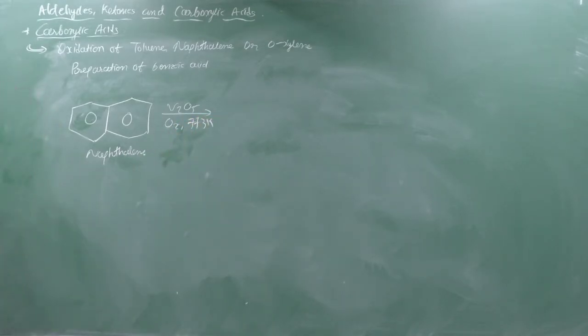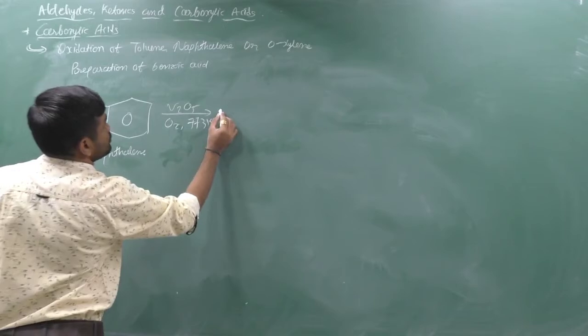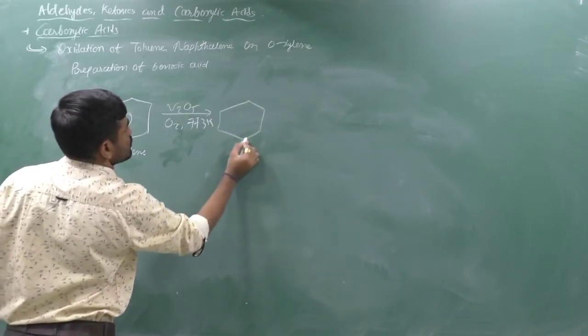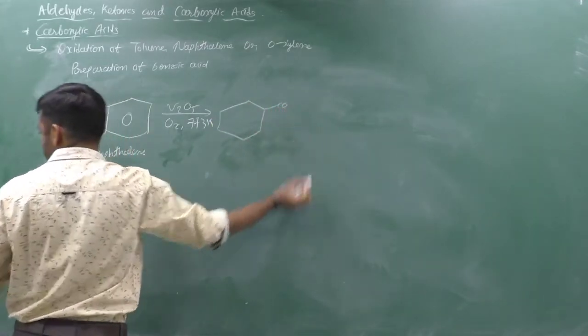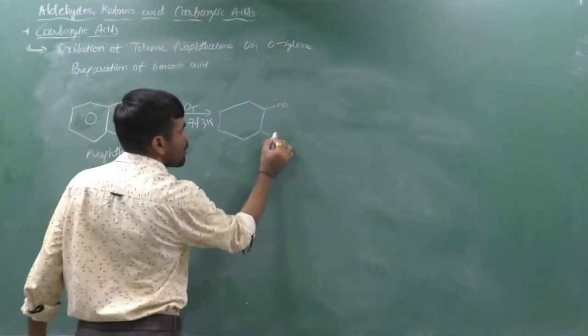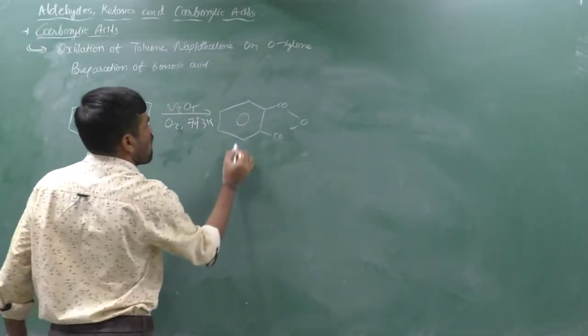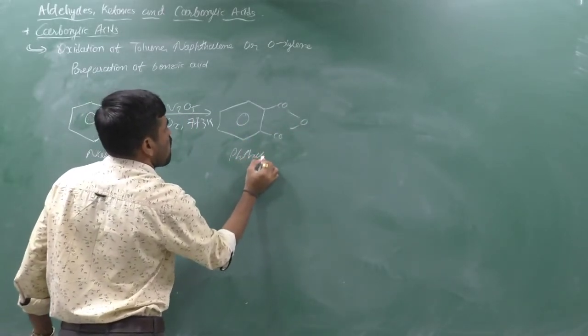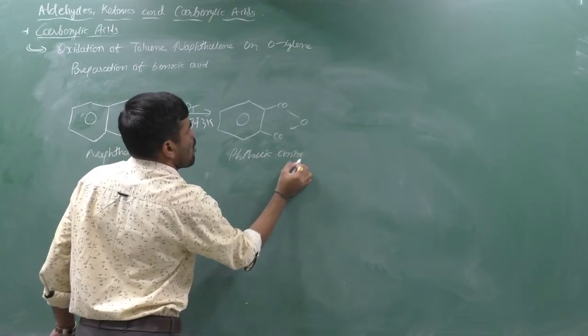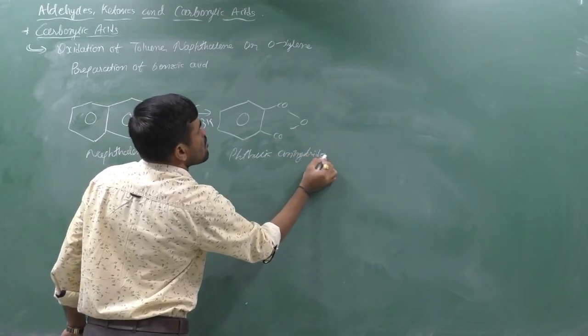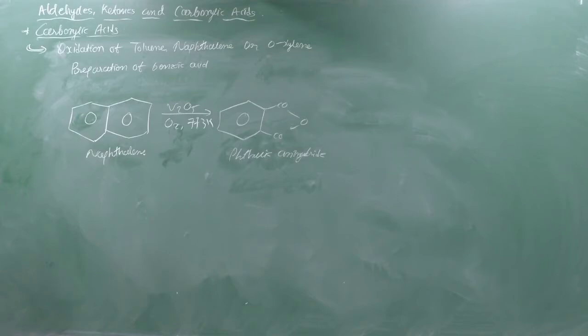Firstly, we can obtain phthalic anhydride.